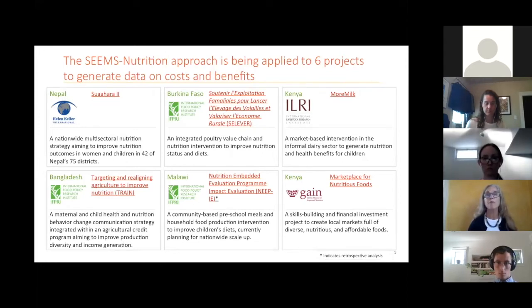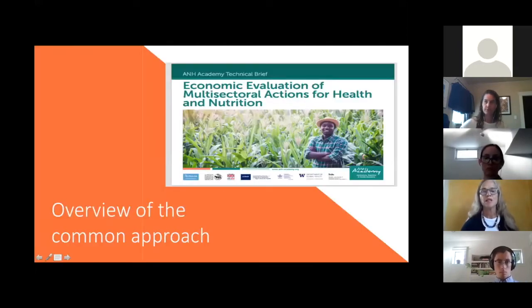Now, I'm presenting just the framework today. If you're interested in the results from several of these projects, I encourage you next week to attend some of the sessions, and Chris will give you more information on that in the next presentation. So let's look at a detailed view of the common approach.